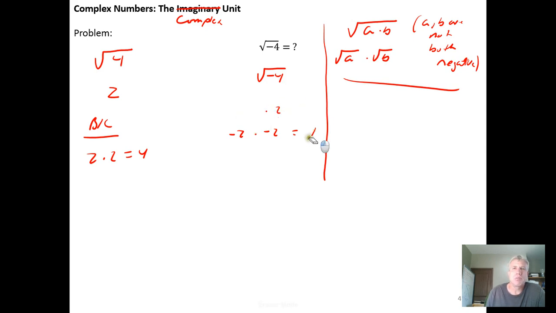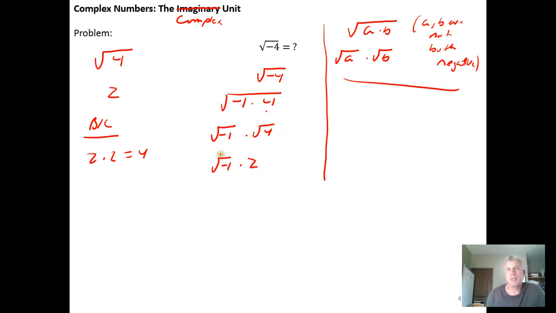So what we do is we rewrite the negative 4 as negative 1 times 4, and then we use this property because only one of a or b are negative. We use this property to rewrite it as the square root of negative 1 times the square root of 4. And we know how to simplify the square root of 4, so we get square root of negative 1 times 2.